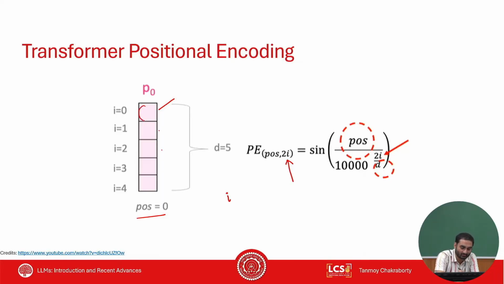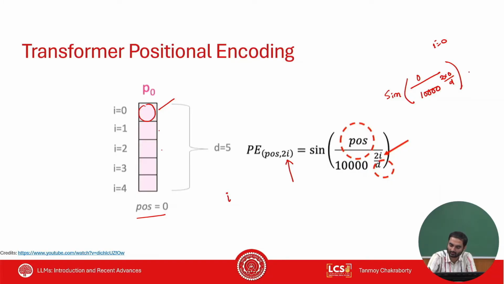So every element of this position vector will be determined by this formula. In this case, this is going to be sine of position equals 0 divided by 10,000 to the power, let's say you are interested in i equals 0. 0 by d is whatever, d is a fixed number.